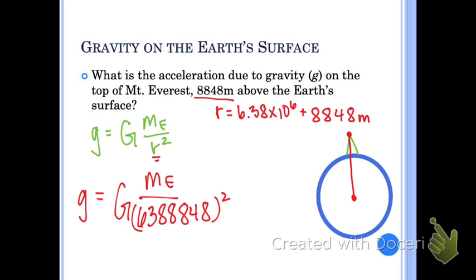So I'm going to keep that number I have right there and square it. Then I'll take mass of the Earth divided by that answer, and then I'll take that times G. And let's see what we get. I want you to run that in your calculator to make sure that we can get that to come out to what we should get it at.